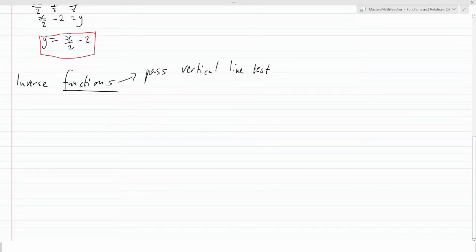If we had the graph y equals x squared, the normal graph y equals x squared, we know that's a function, right? It's just an ordinary function.